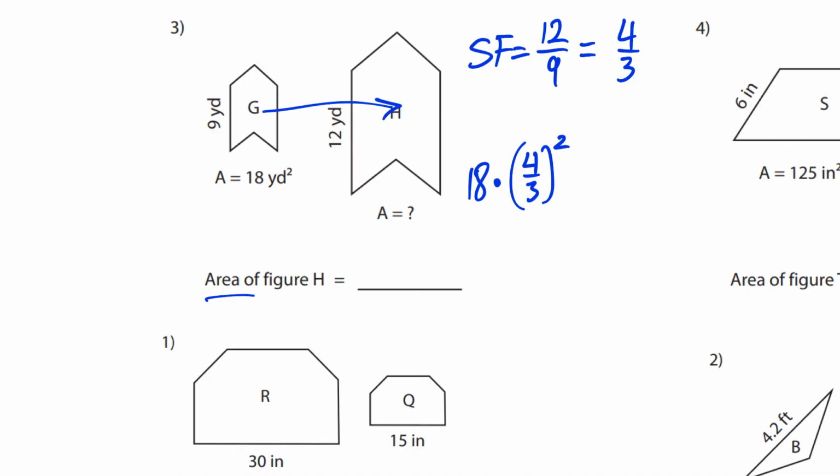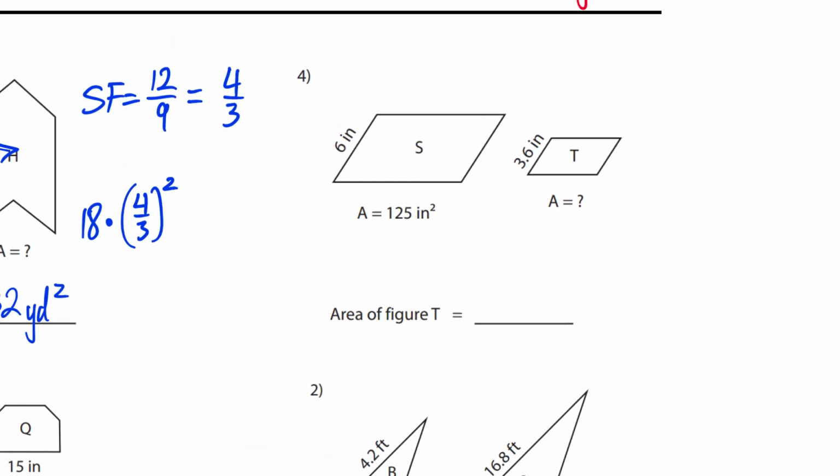And what does that give you? 32. 32 exactly? Okay, yep. All right, on this one, we're looking for this one, we're going here to here, so this is new and old.